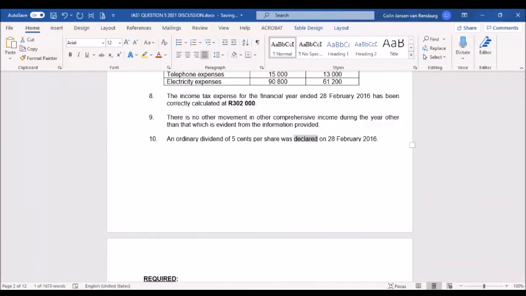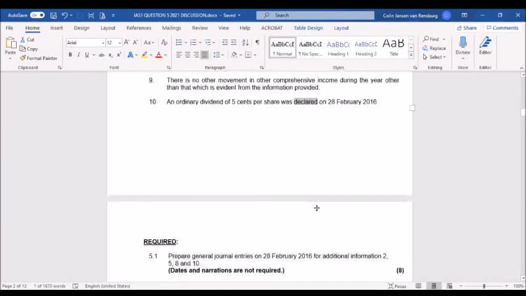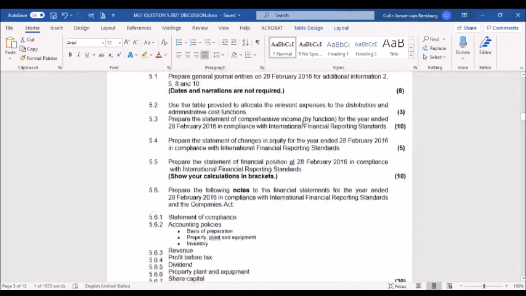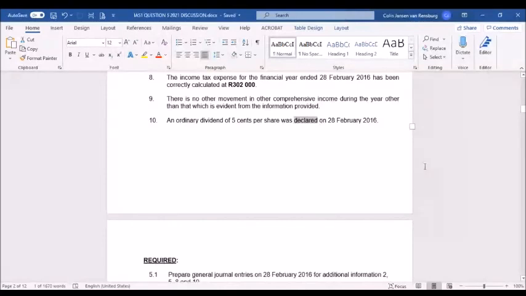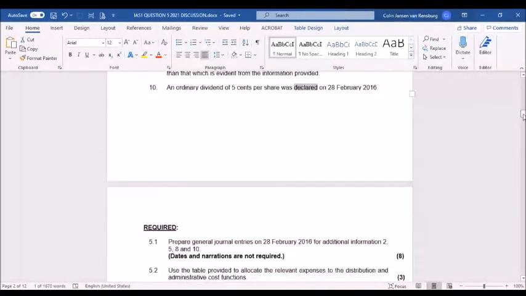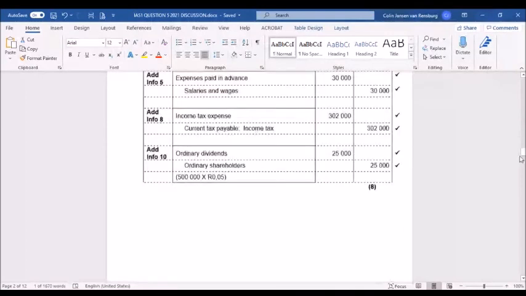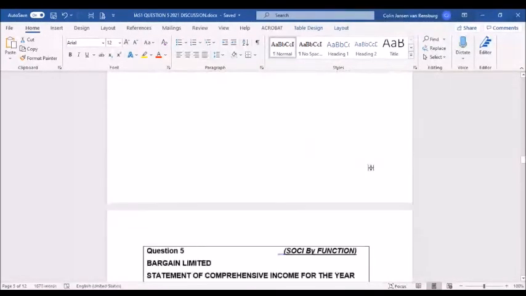So it was declared. If that had indicated the dividends were recommended, then we would not have done the journal entry. So then it would not have been part of our statement of changes in equity. Then it would only be in that little note. So if you follow now, if that had read not declared, if that had read just recommended, right? Then this journal entry would not have been done.